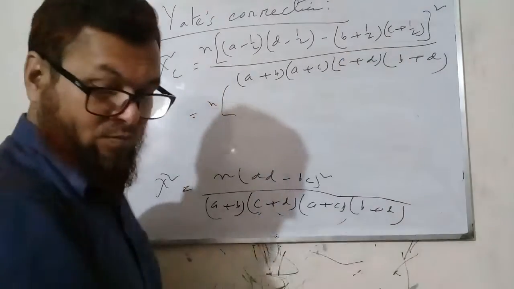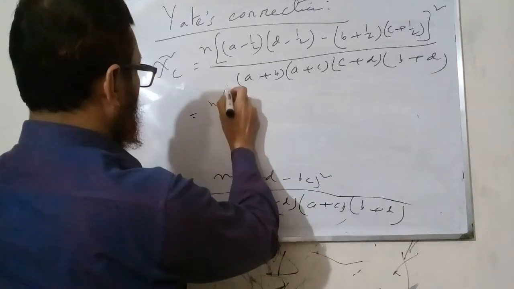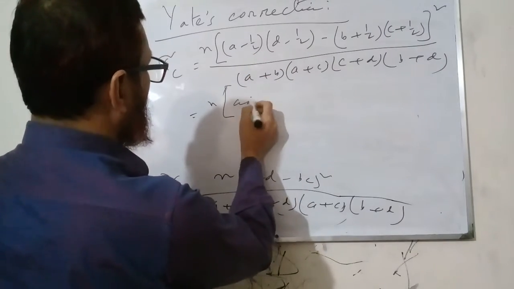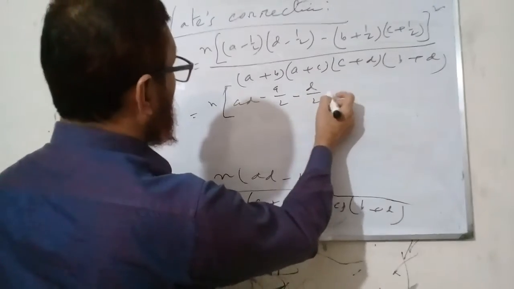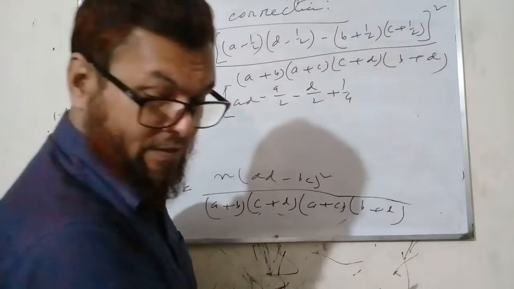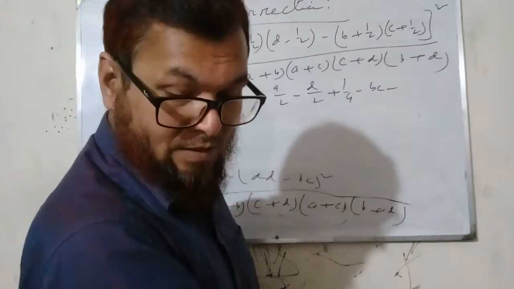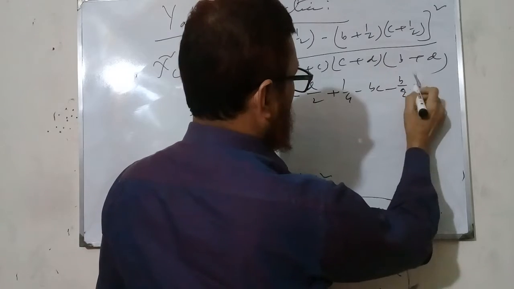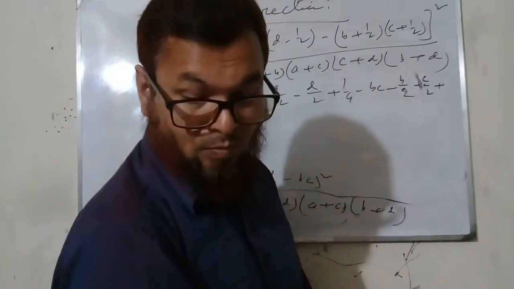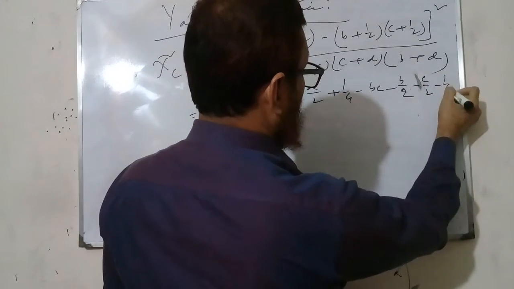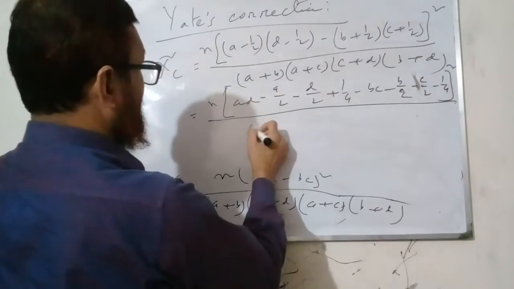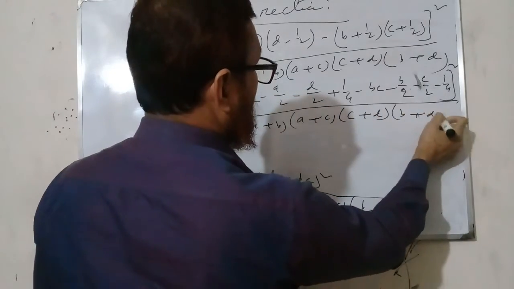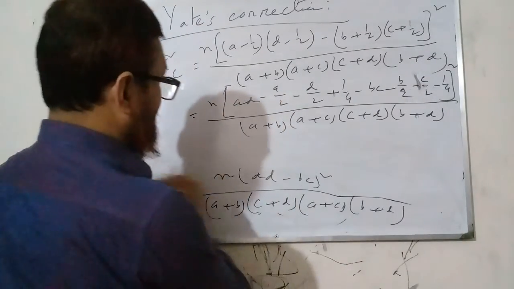After simplification, we get AD minus A by 2 minus D by 2 plus 1 by 4, minus BC minus B by 2 minus C by 2 minus 1 by 4, whole square, divided by (A plus B), (C plus D), (A plus C), (B plus D).